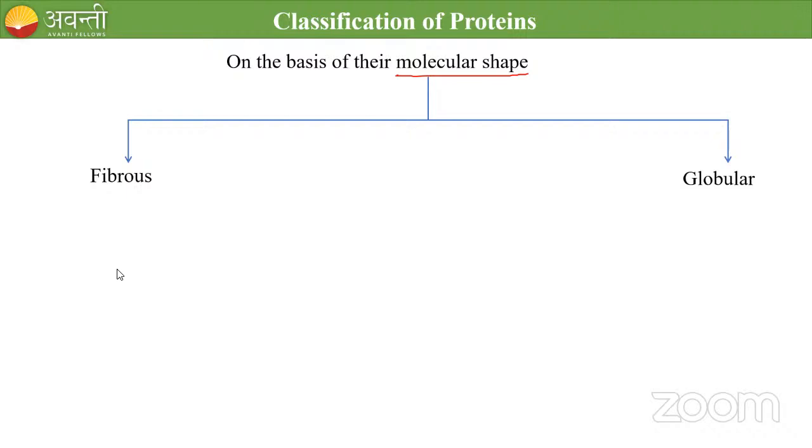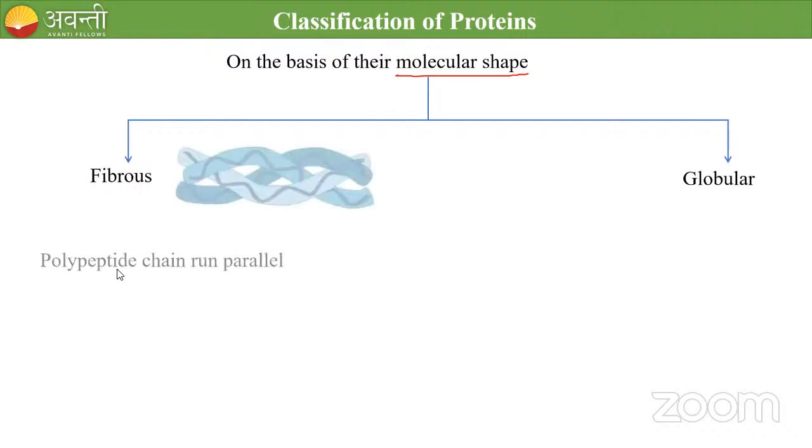According to it, it is classified into two, fibrous and globular. Fibrous means it is a fiber kind of thing. This is the picture, a fiber kind of picture. It is a polypeptide chain which is running parallel, one chain parallel to the other, right?